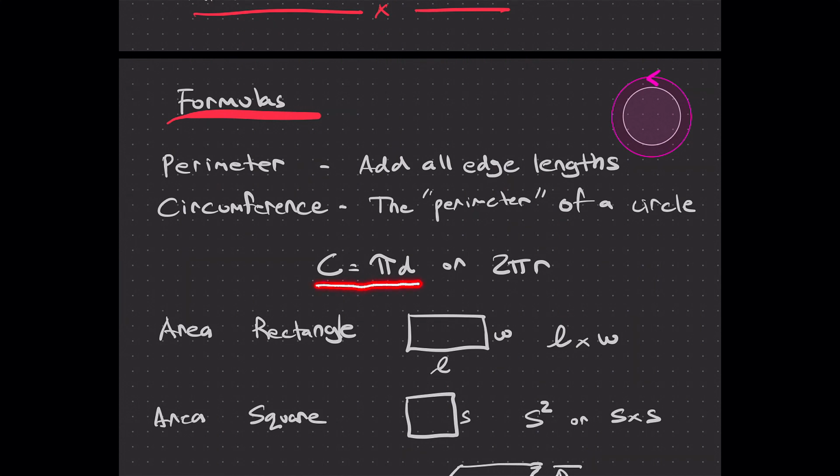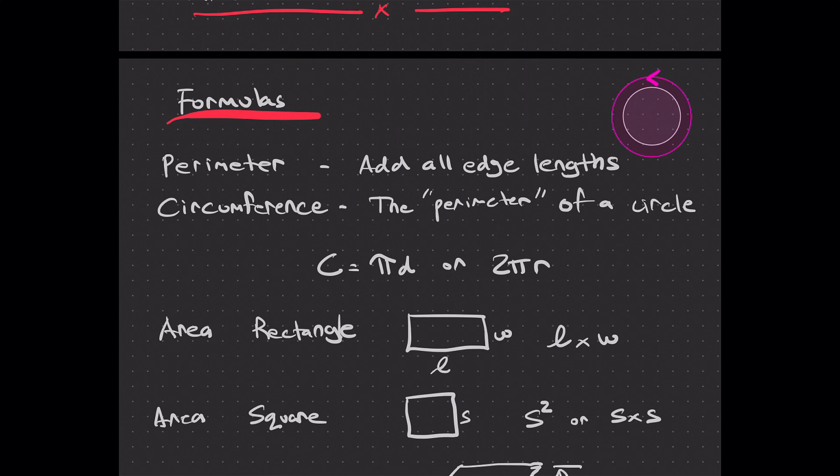Circumference equals pi times diameter, and although pi is 3.14, we will be using the function available on the calculator, so you should have a button that will reference the pi with all of its infinite decimals. So it's pi times diameter, and because diameter equals 2 times radius, we can derive this formula right here, which is 2 pi r, 2 times pi times radius.